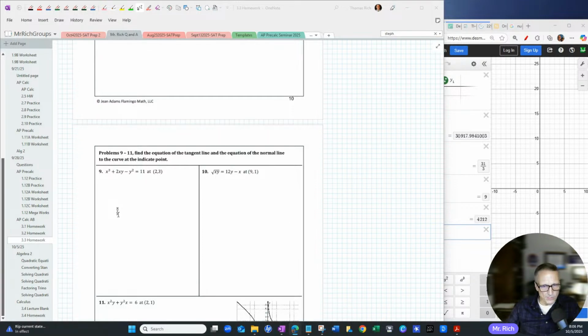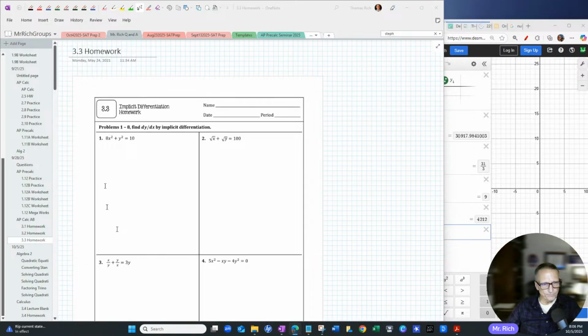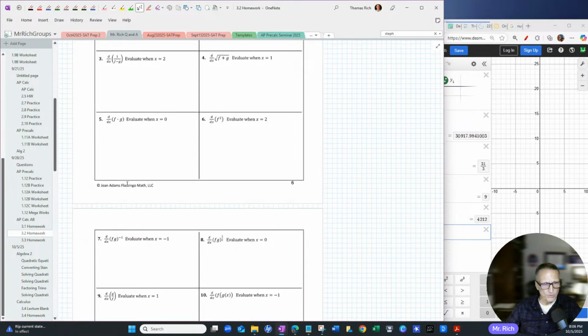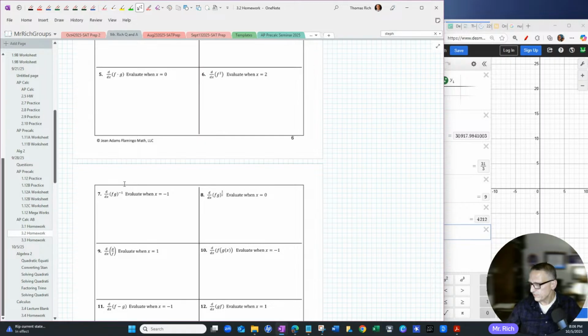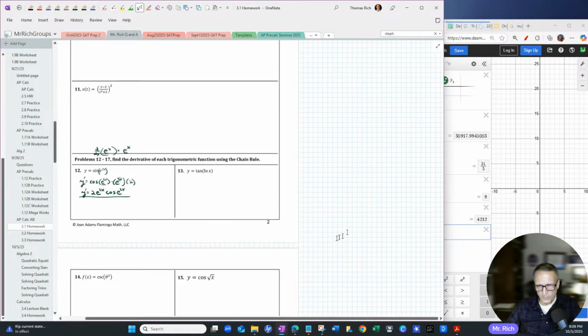The first thing that I wanted to do is a little bit of chain rule in section 3, lesson 3.2 of AP Calculus. First of all, let's define what the chain rule is.